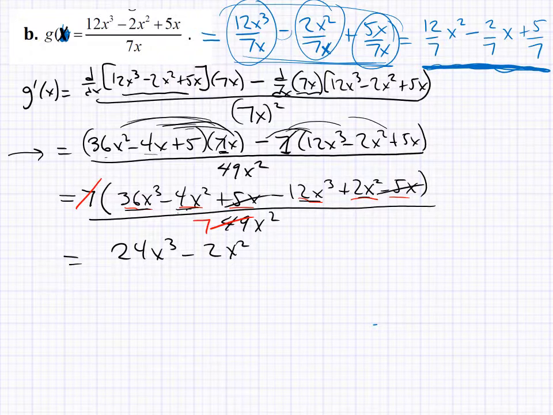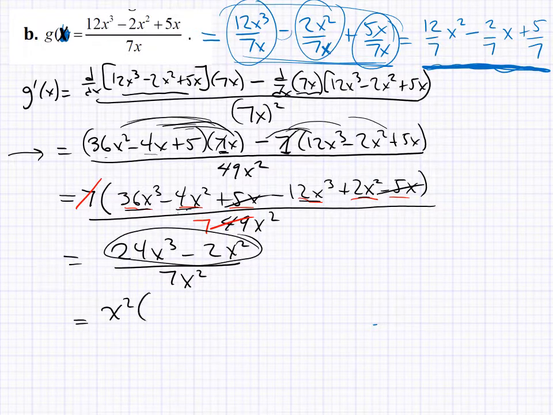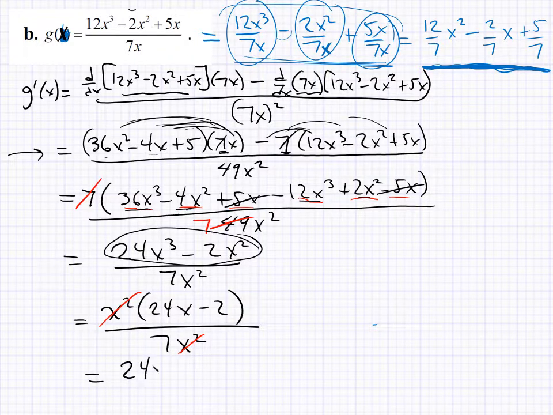And the 5x and the minus 5x cancel, all over 7x squared. Now I can still do one better. These have an x squared in common. So if I factor an x squared out of that, I have 24x minus 2 all over 7x squared. Now these x squareds can cancel, and I'm left with 24x minus 2 over 7.